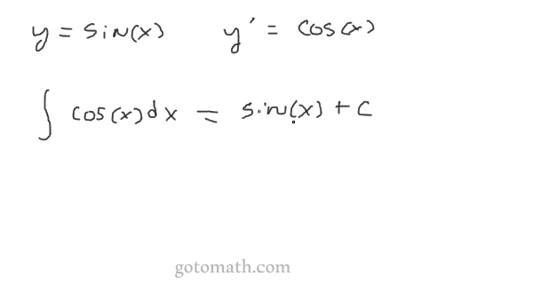So if we were to take the derivative of sine x, we should get back cosine x. See that? Remember, here's our sine x. We take the derivative, we get back cosine x. So you'll have to remember that the integral of cosine x is sine x.